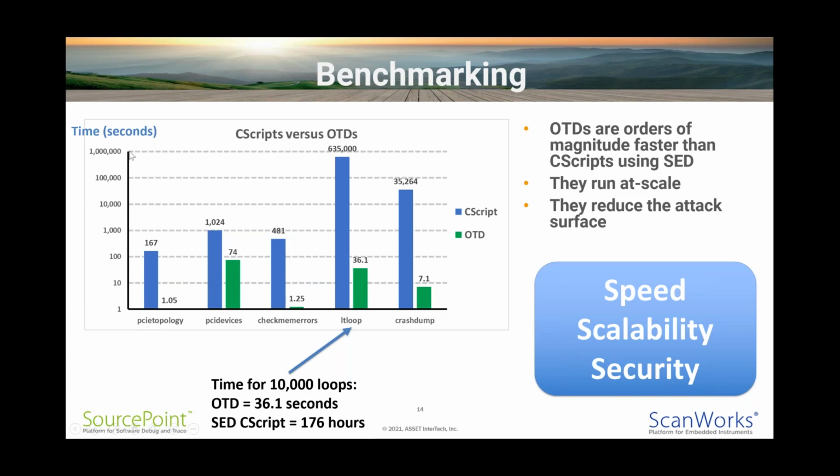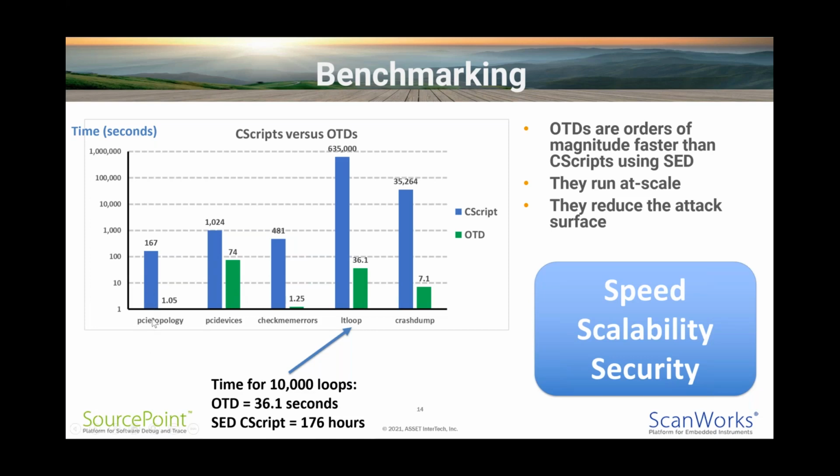What we have on the left-hand side, so we can see everything somewhat to scale and fit everything on one page, is a logarithmic scale, a power of 10 scale, in terms of the amount of time it took to run the CScript in blue, or the equivalent on-target diagnostic in green.